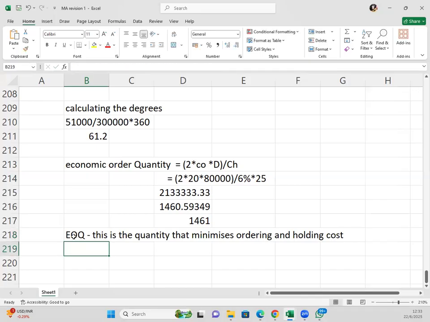There are costs of inventory associated with this: if we place large orders, we are likely to have a lot of inventory in our warehouse, so if we buy large volumes we are likely to incur holding costs.